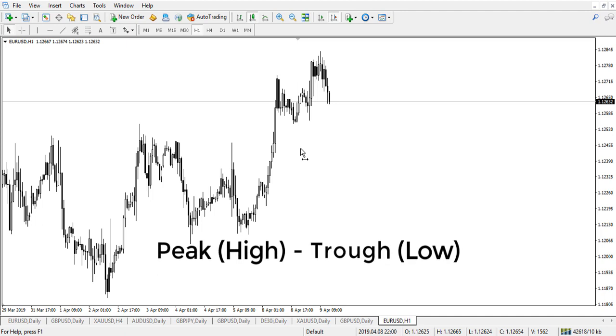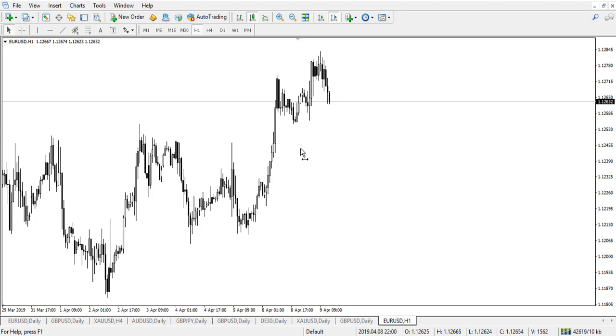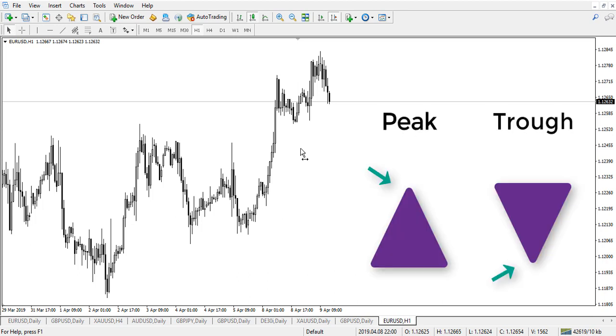A trough is the lowest price between at least two candles. So think of a peak as an inverted V shape, and the trough is a V shape. So the lowest point is a trough. As for the peak, since we are saying that a peak is an inverted V shape, then the highest point is a peak. Just as easy as this.